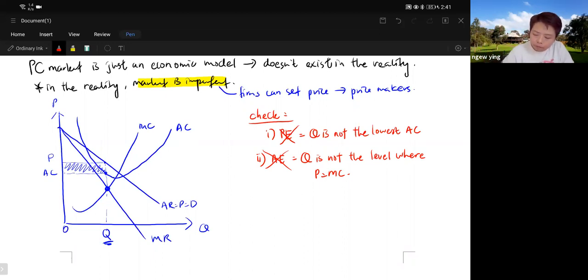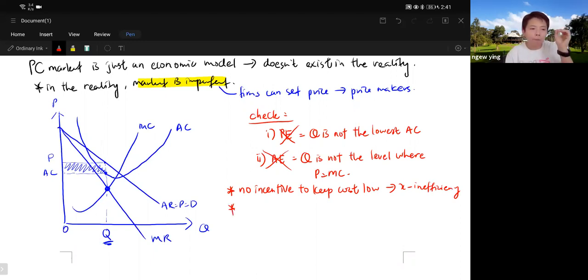We know that monopoly have no incentive to keep their costs low. As mentioned just now, monopoly is facing the problem of X inefficiency. And secondly, monopoly has a very obvious behavior.